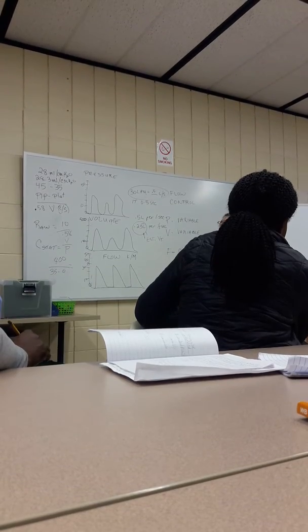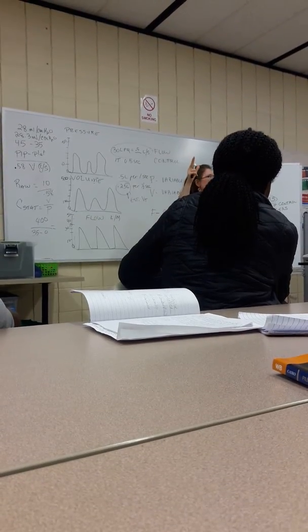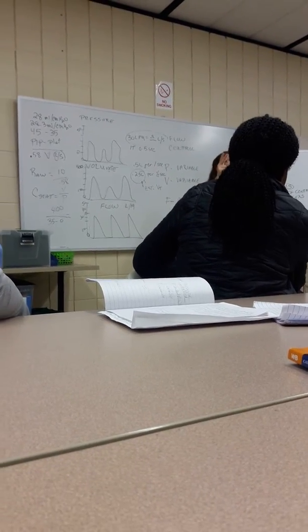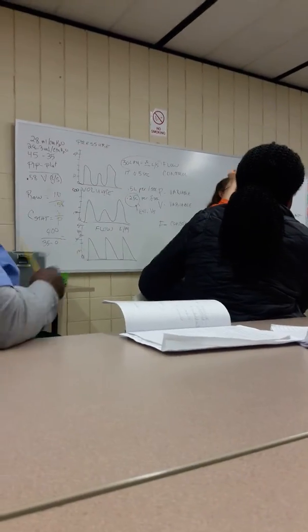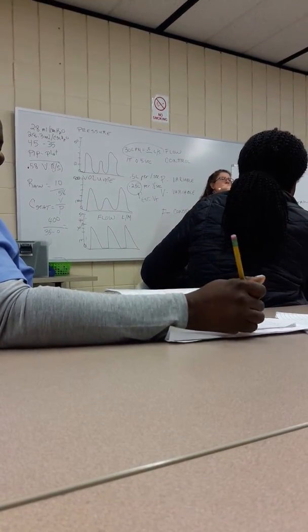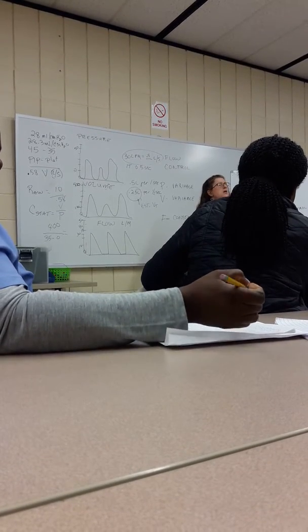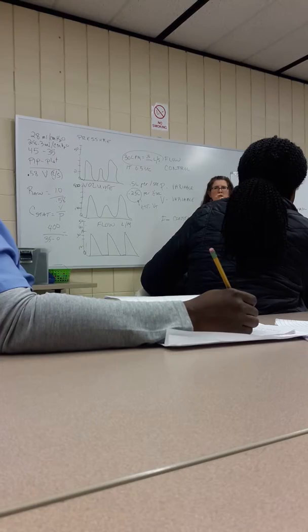Alright. Anything else on waveforms? In pressure control, flow and volume are variable, and the limit is the pressure. What's going to cycle the breath off in pressure control ventilation? Time, however much I set that inspiratory time.